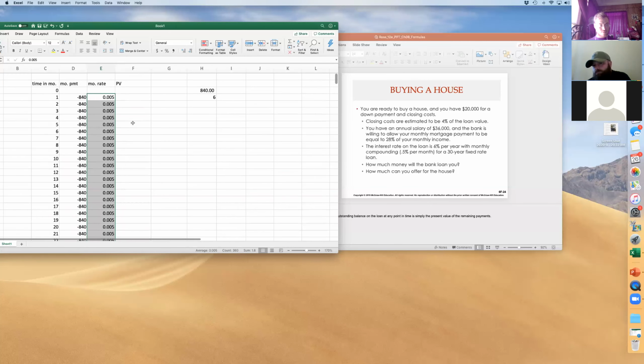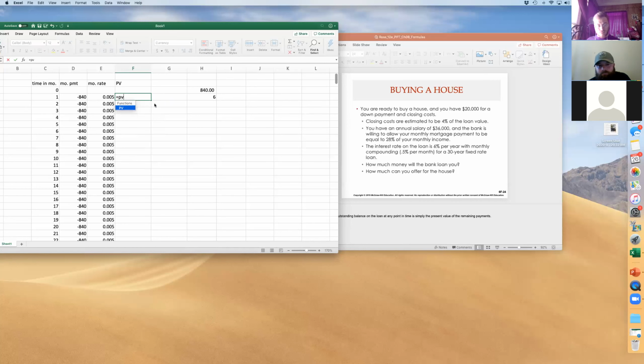All right, the question is, how much is this bank going to actually lend to you? And do you have enough money for the down payment and all the closing costs? Well, I'm going to find out how much the bank's willing to lend. They've told me the interest rate. I know the payment that we're going to be able to make.